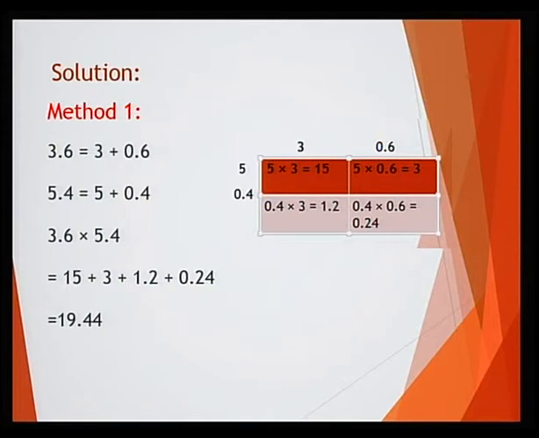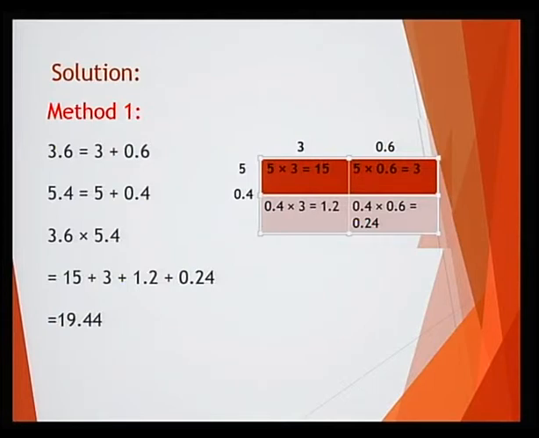Now, to find the value of 3.6 times 5.4, I just need to add the 4 values obtained in the table. That is, this is equal to 15 plus 3 plus 1.2 plus 0.24. And in the previous lesson, we had already learned how to add decimal numbers. So the answer is 19.44.